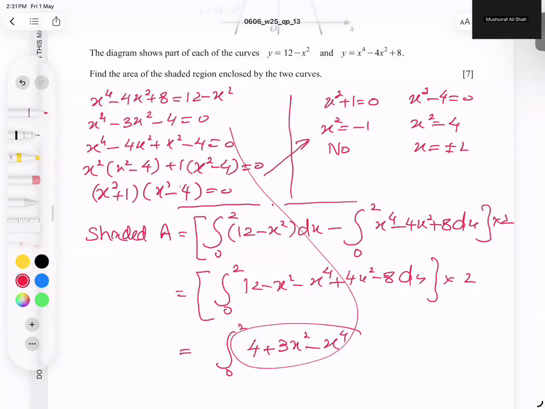Basically we are getting the same equation with opposite signs. And dx now, and multiply the whole equation by 2.